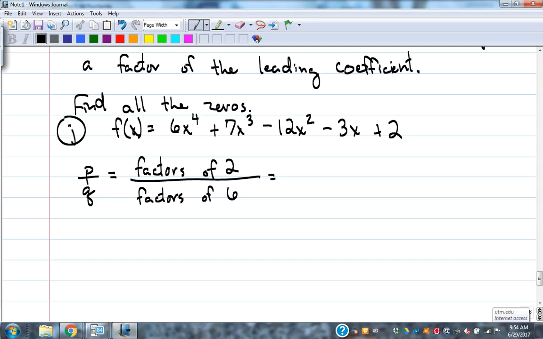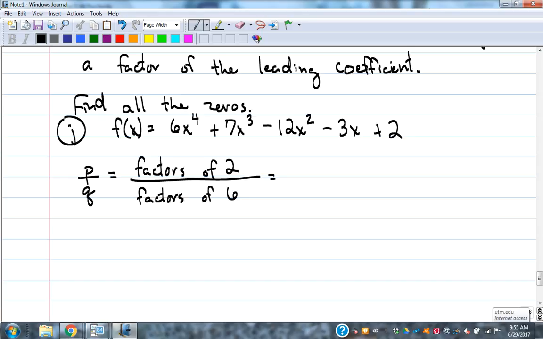The way the integer coefficient polynomials work is that to be a zero of it, you have to be a factor of 2 over a factor of 6 if you're a rational zero for that. That's what the rational zeros theorem does. If all of the coefficients of a polynomial are integers, that always works. What we're going to do, we're going to get a list. Not all of them will work, but only some of them will. We're going to find the ones that do. Okay. So we want to get this list.